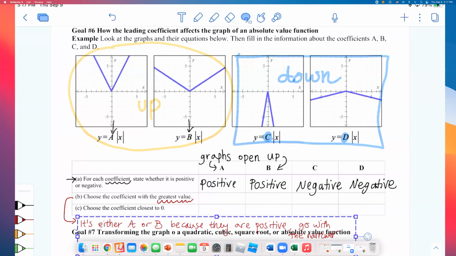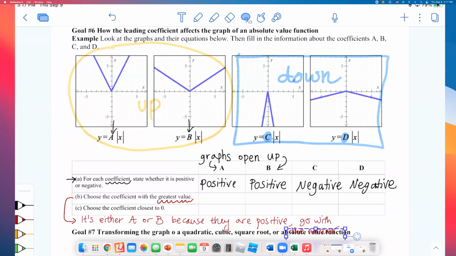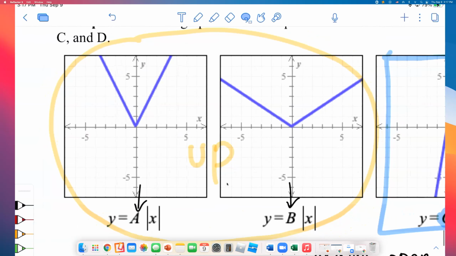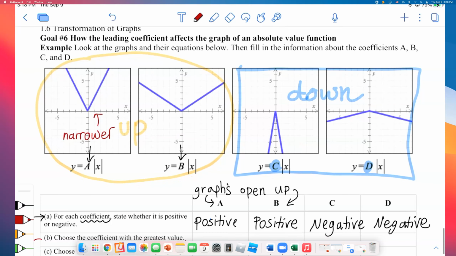So let me move this up a little bit. Which graph is narrower, the one on the left or the one with B? This graph is narrower, so A must be bigger than B. So we say A is the greatest value.